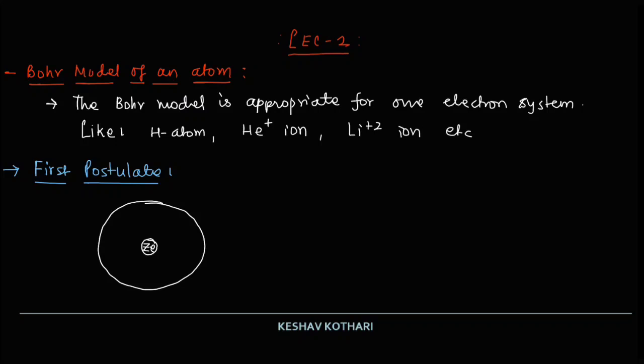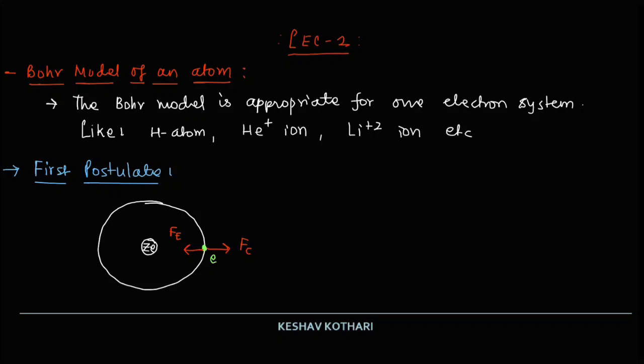This electron will experience electrostatic force of interaction between the nucleus and the electron, which we are symbolizing as Fe, that is electrostatic force, which is balanced by the centrifugal force, which is acting in the outward direction.